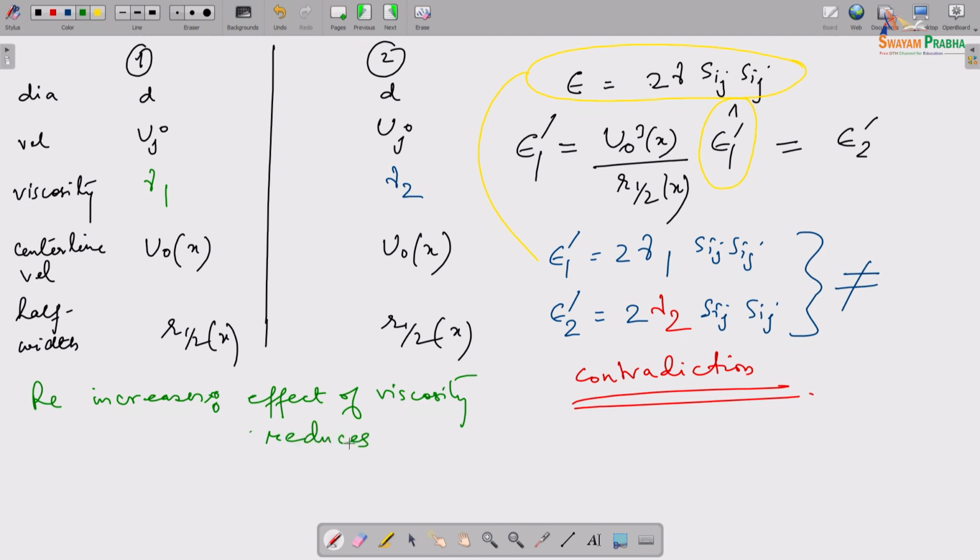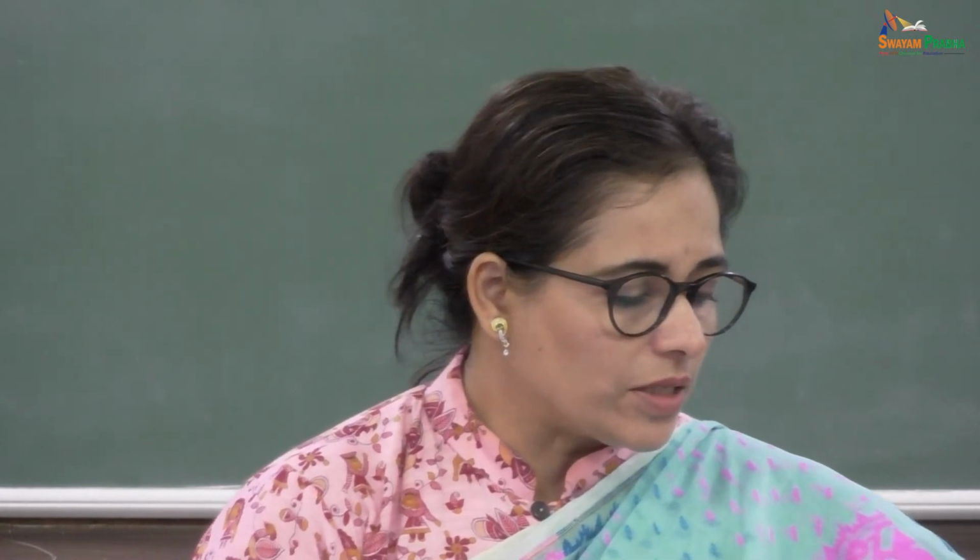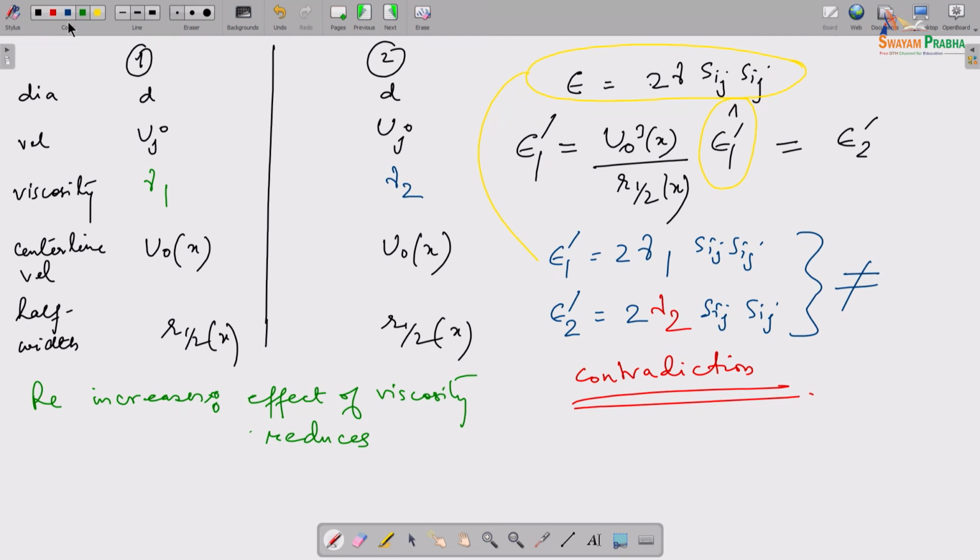Also, as the Reynolds number increases, the sizes of the eddies become finer, such that the gradients in the velocity become sharper, higher, or larger.